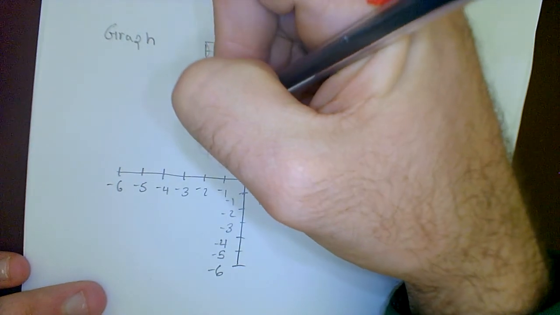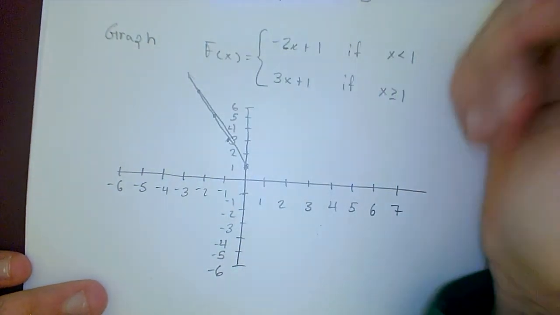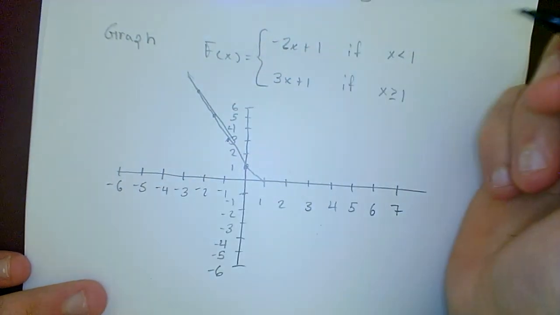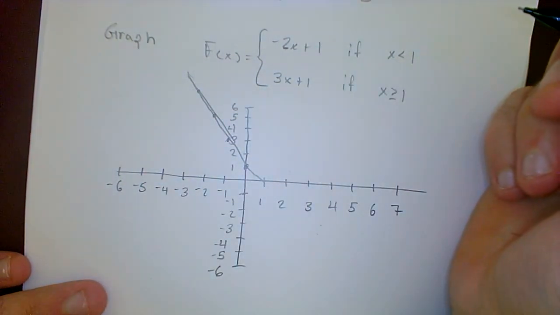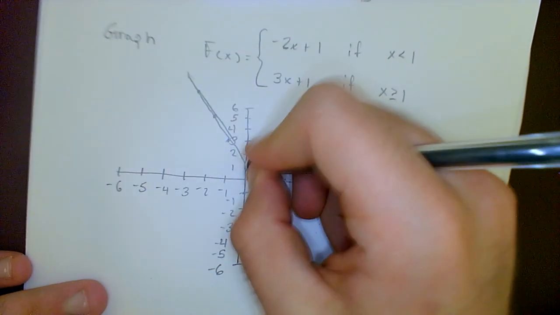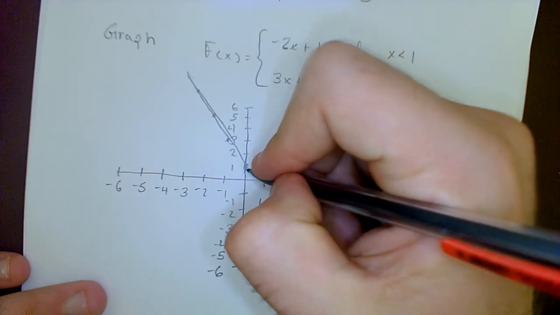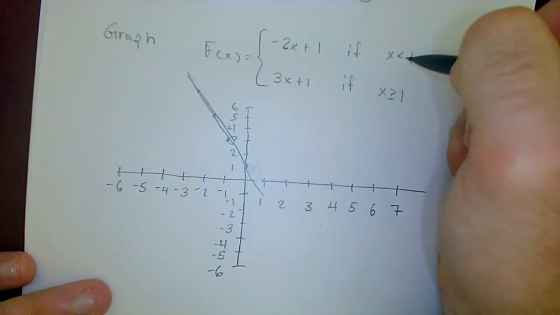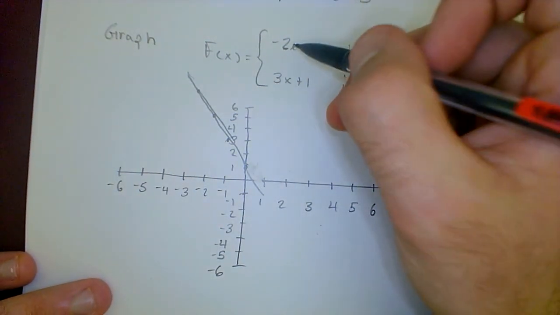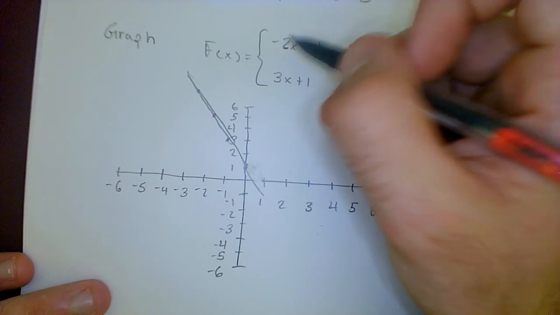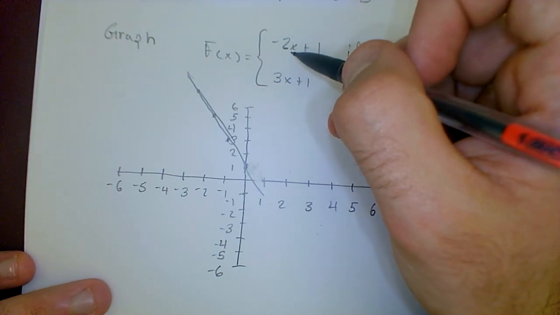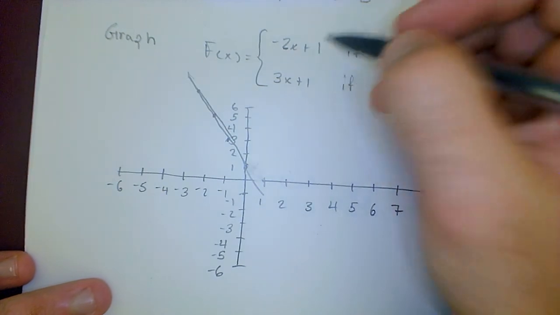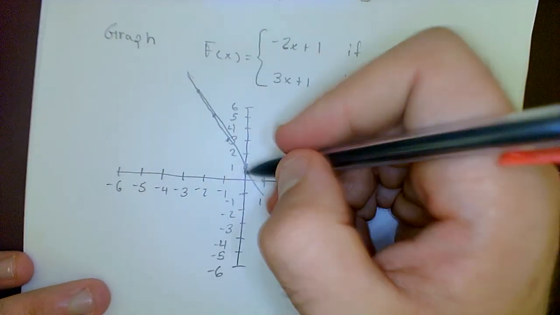Oopsies. Okay, but we need to go all the way to positive 1, and when we get to positive 1, if I were able to plug 1 into this definition, it would be negative 2 times 1, which is negative 2 plus 1, so we go down to negative 1.